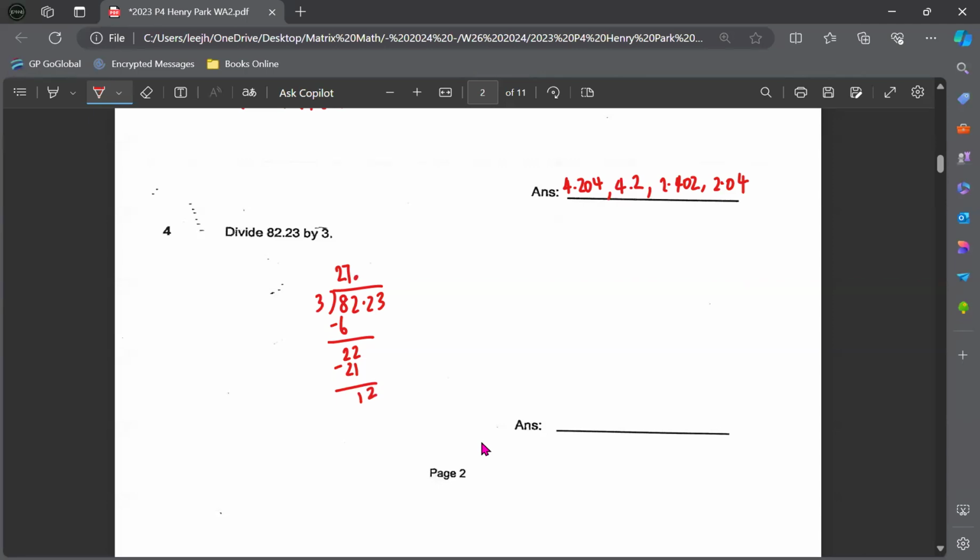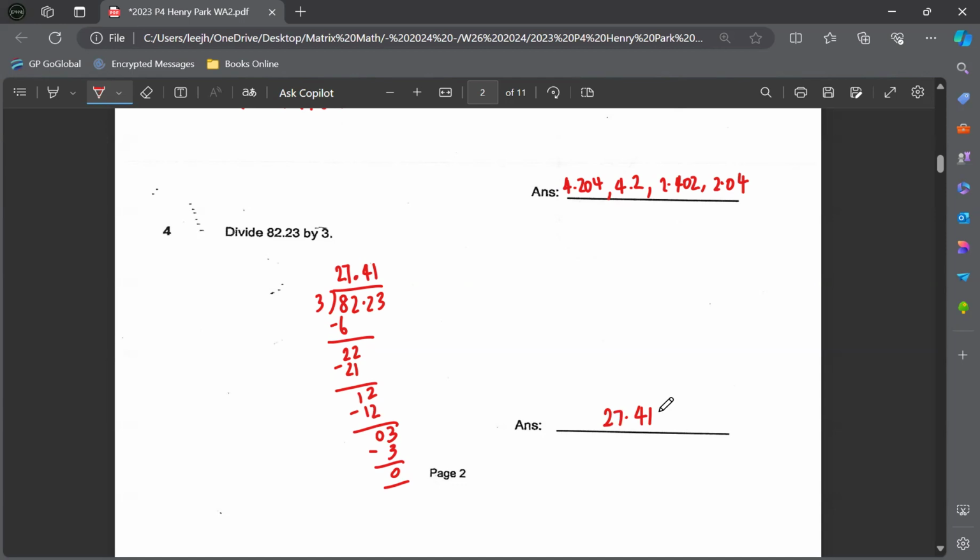Decimal point, don't forget. Now we have 12. 12 divided by 3, 4. Minus 12, 0. Bring down the 3. 3 divided by 3, 1. Minus 3, 0. So your answer is 27.41. Okay, don't be careless when you do your corrections or your calculation for this.